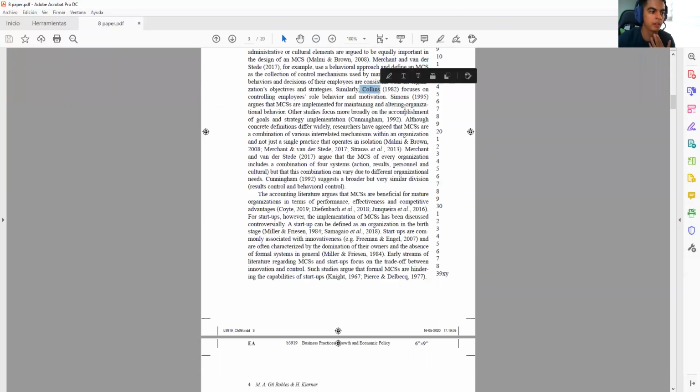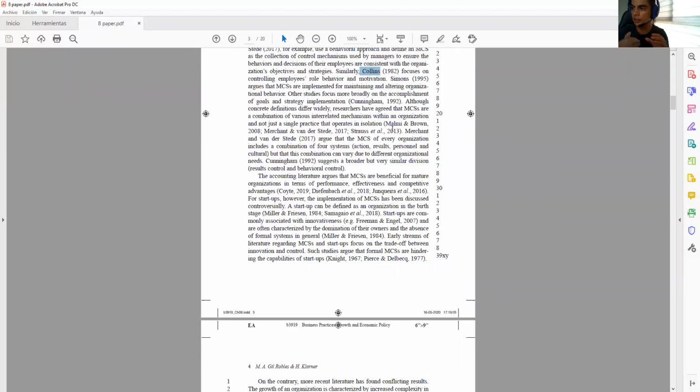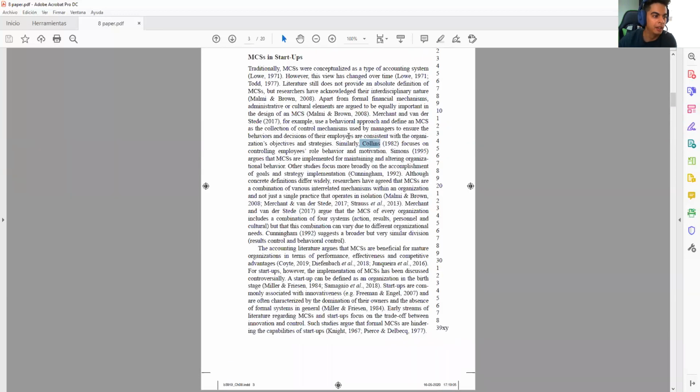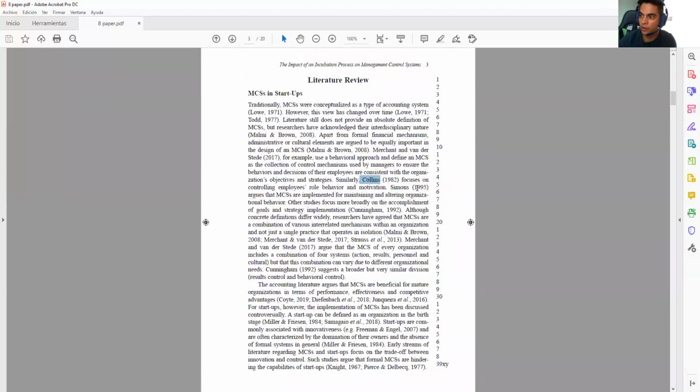There's Simons again, this other author too. So you can see how coherent that definition becomes, and it becomes very powerful because it really convinces you. It's not only an idea that came into my mind that control is not only about numbers, it's also about behavior. It's not only because I invented this or I had a dream about this. It's actually really documented in the current literature.